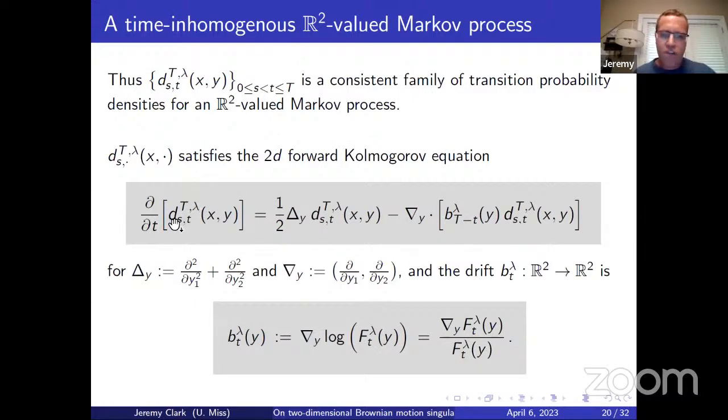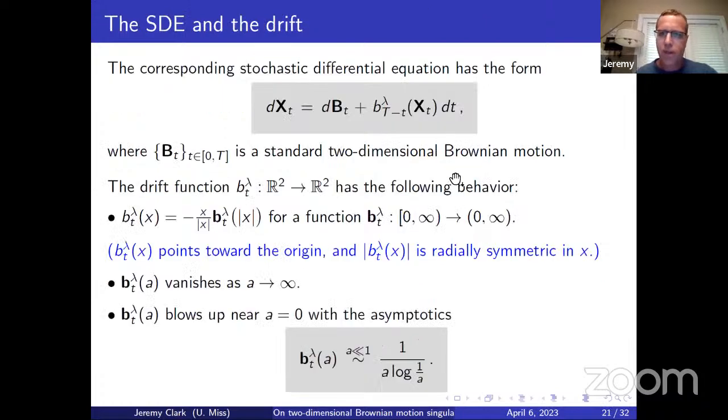Now, if you differentiate in the time parameter little t, then you get this diffusion equation right here. So this is just the Laplacian. If we didn't have this term, then we would have just the standard Laplacian. And then this term characterizes the drift of the process. The drift function is this b right here, and I'm going to describe what the characteristics are.